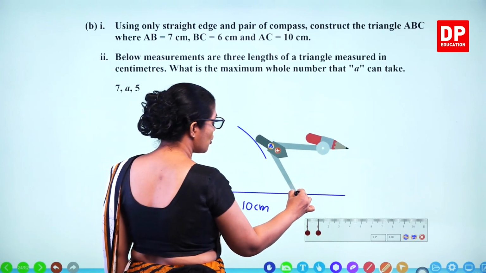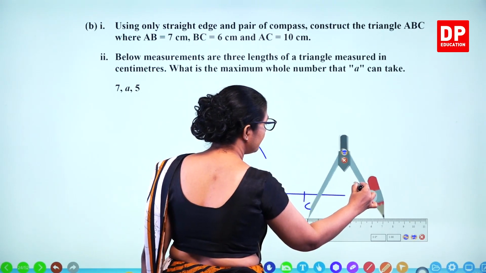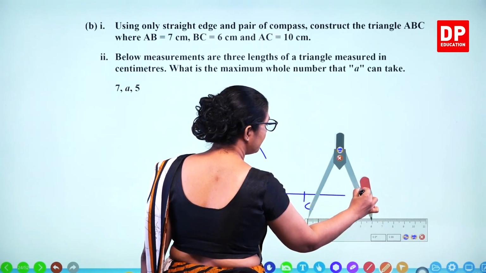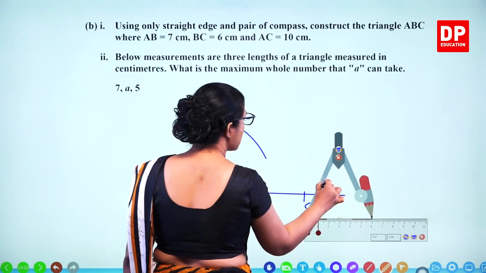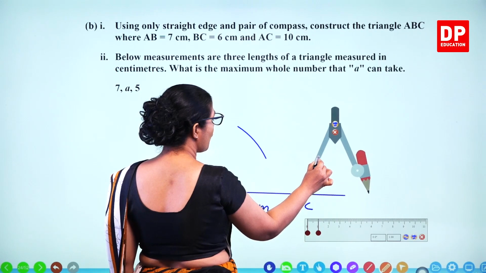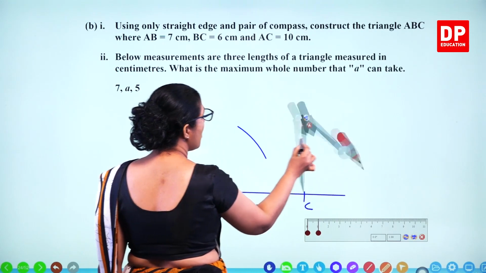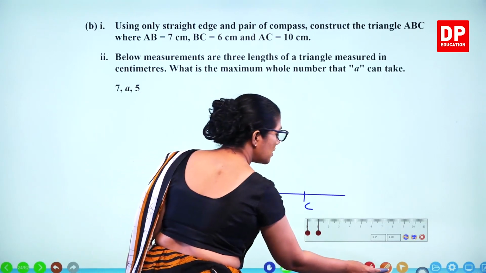Now we have to measure 6 centimeter length. 6 centimeters, that's BC. So from C, you can mark 6 centimeter length. So this is the B point.